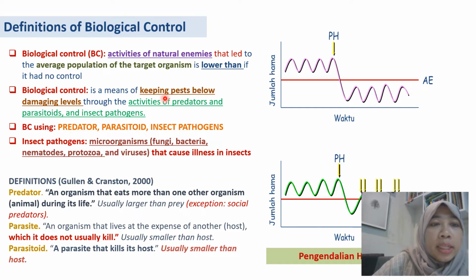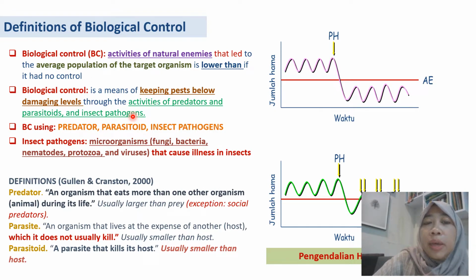Biological agent means keeping pests below damaging level through the activities of predator, parasitoid, and insect pathogens. You still remember that insect pathogen is a microorganism that causes illness in insect.